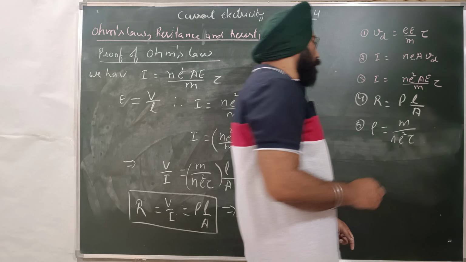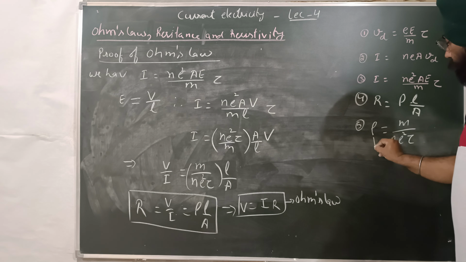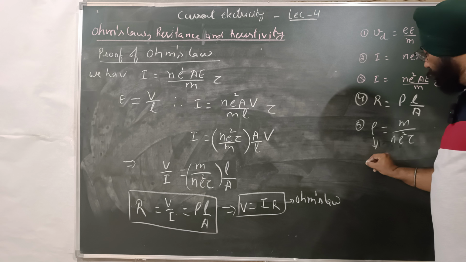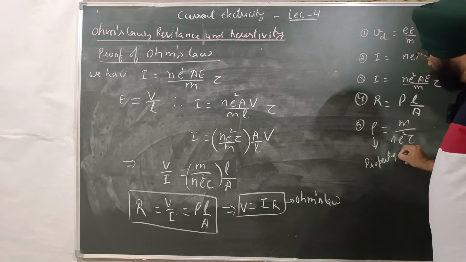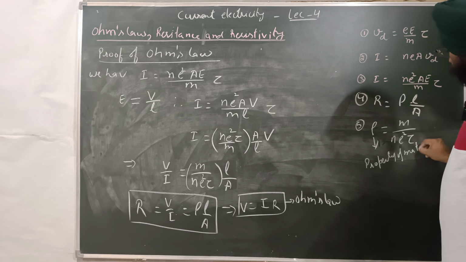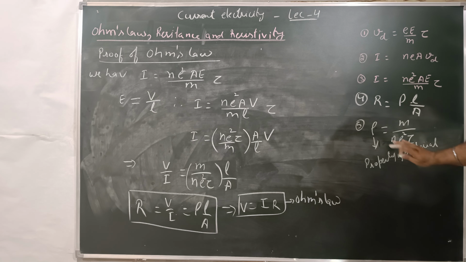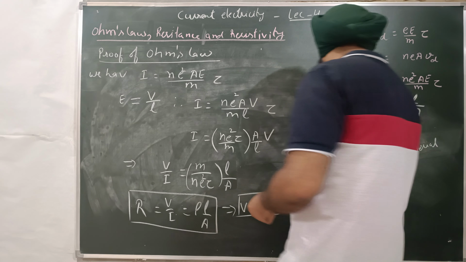That's why we said that resistivity is a property of the material only, because all these things are constant for a particular medium or material. It does not depend on the dimensions, whereas the resistance depends on the dimensions.